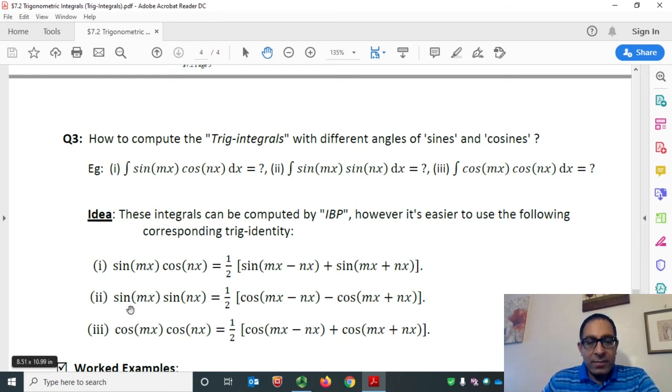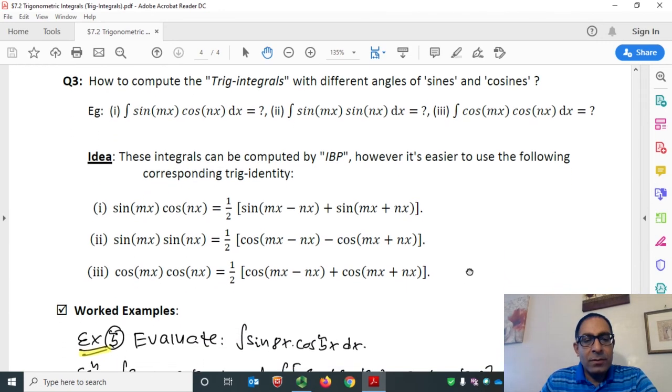For sine mx times sine nx, it equals 1/2 [cosine(mx minus nx) minus cosine(mx plus nx)]. Similarly, cosine mx times cosine nx equals 1/2 [cosine(mx minus nx) plus cosine(mx plus nx)]. Great. So now let's move on.